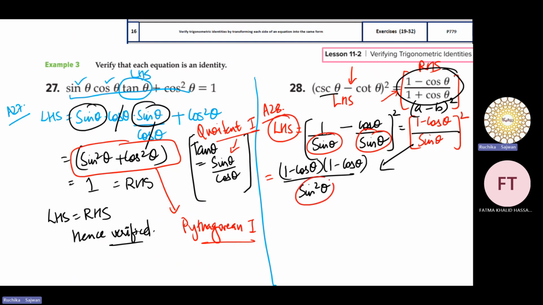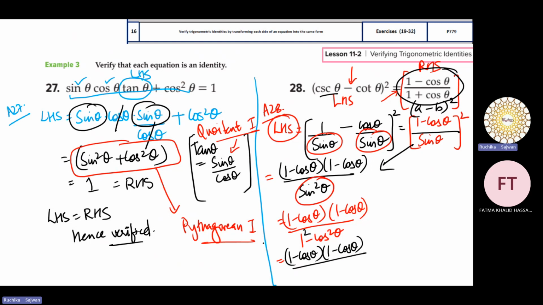So for that, I will now use the Pythagorean identity. In place of sine square, I will put 1 minus cos square, so that in the numerator and denominator, at the next step, something will cancel. And what is that something? I'm sure you are able to identify. In the numerator, 1 minus cos theta, 1 minus cos theta. In the denominator, I will write a square minus b square, the difference of squares identity, so one factor will be positive while the other will be negative.